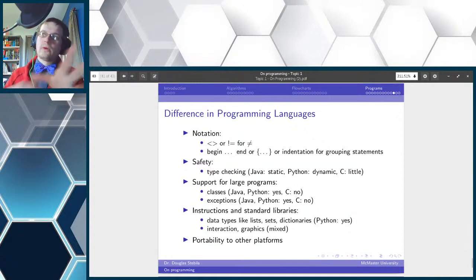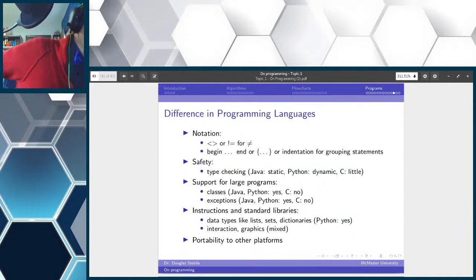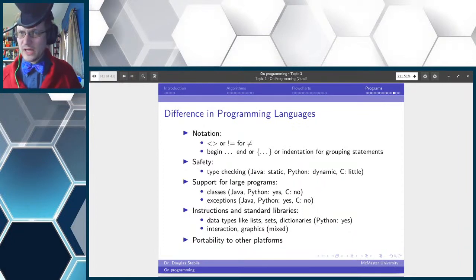One of the other ways in which languages vary from each other is the level of support that's provided by their libraries. Python is a very popular language, so a whole heck of a lot of investment has gone into developing useful libraries for it. We're going to see this a little bit when we get into graphing, for instance.